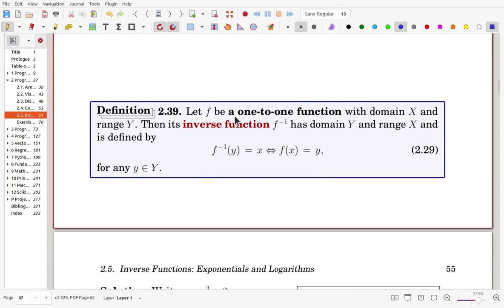Let f be a one-to-one function with domain X and range Y. Then its inverse function has domain Y and range X, and is defined in this way.